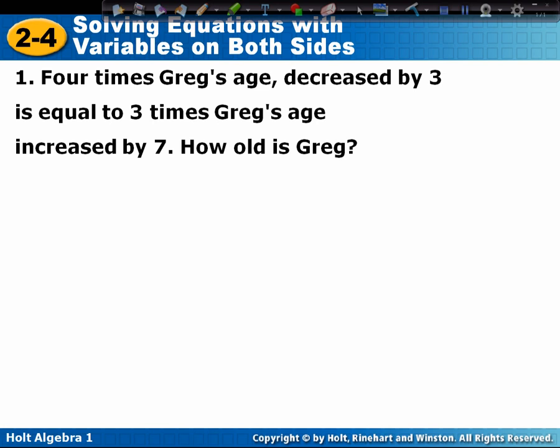Okay, we're going to break this down step by step just like we did last night, but this is adding an extra step to it in that it's asking us to find how old Greg is.